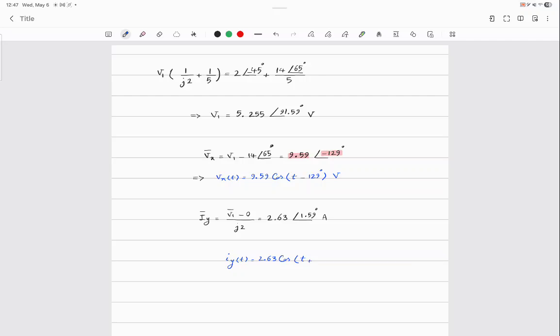No, the angle that you have, 1.59. Yeah. 1.59 degrees amps. That is your final answer.